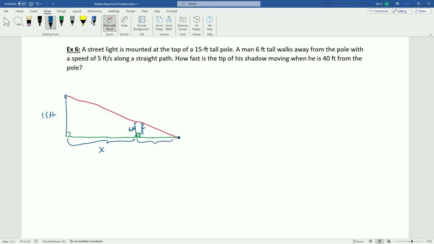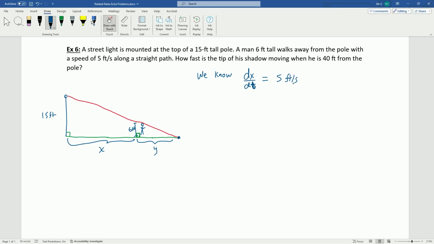So let's call the distance from him to that point y. So in this case, what do we know? We know that dx/dt is 5 feet per second.